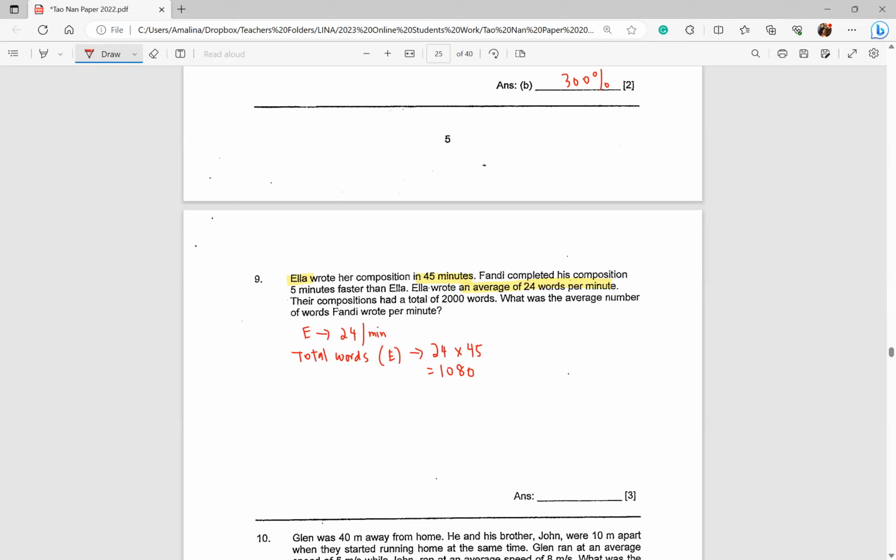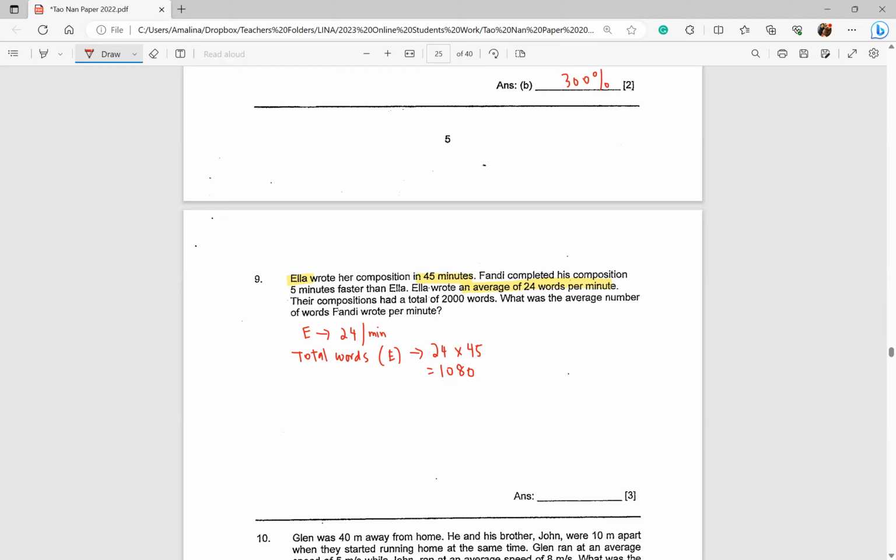Okay, now Fandi completed his composition 5 minutes faster than Ella. So if I want to find out the words that Fandi wrote, this 1,080 is what was written by Ella in the 45 minutes. But because Fandi completed faster, you can find out the extra words that Fandi wrote.